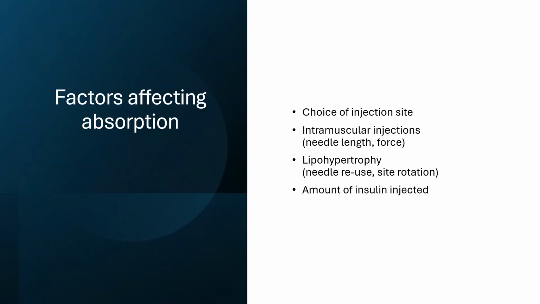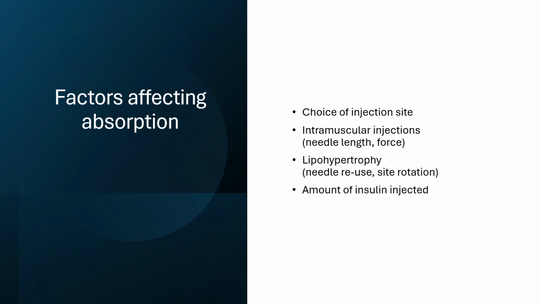Some of the things that affect absorption would be the choice of injection site. Intramuscular injections can lead to too much force and an increase in the absorption of the insulin. If the needle length is too long, then it can go intramuscularly, and that definitely impacts the time action profile of insulin.